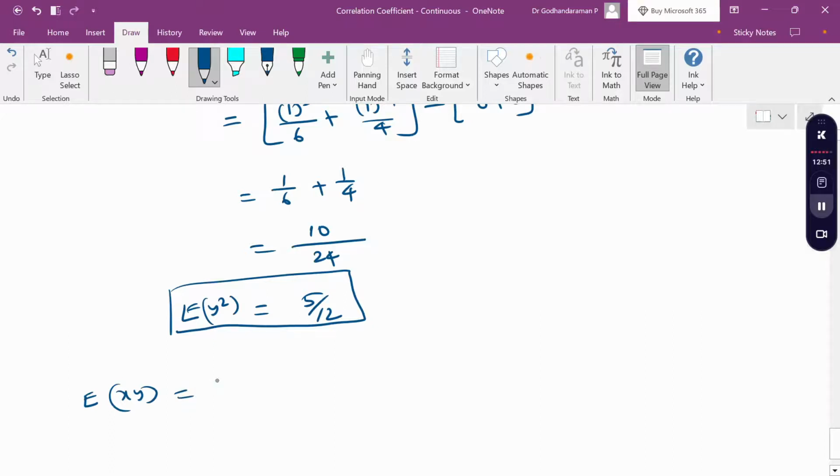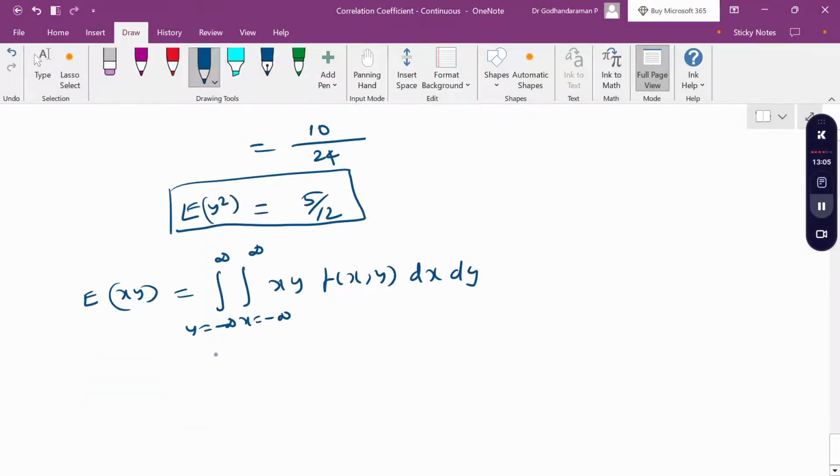So E of XY is nothing but the double integration of xy f of x comma y dx dy, where the x range is minus infinity to plus infinity, and the y range is minus infinity to plus infinity. Therefore, the y range 0 to 1, x range 0 to 1, xy times (x plus y) dx dy.